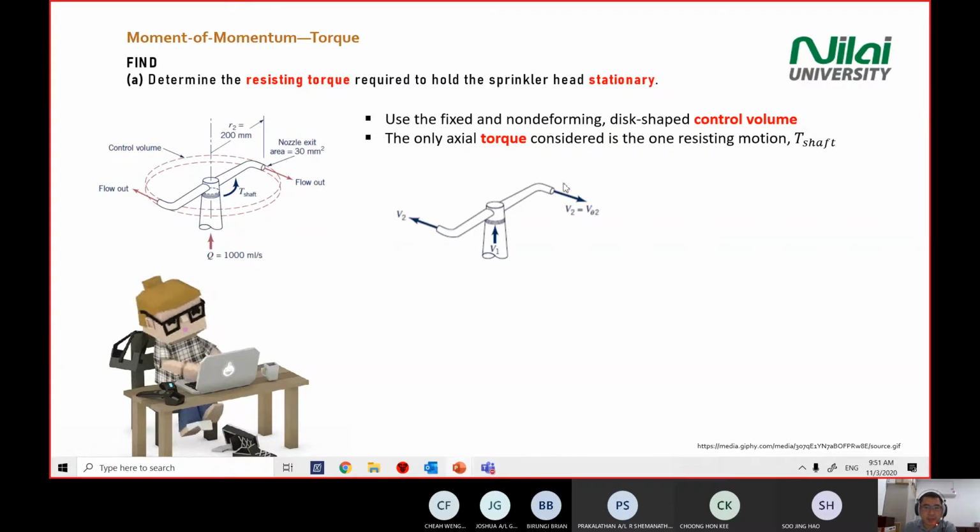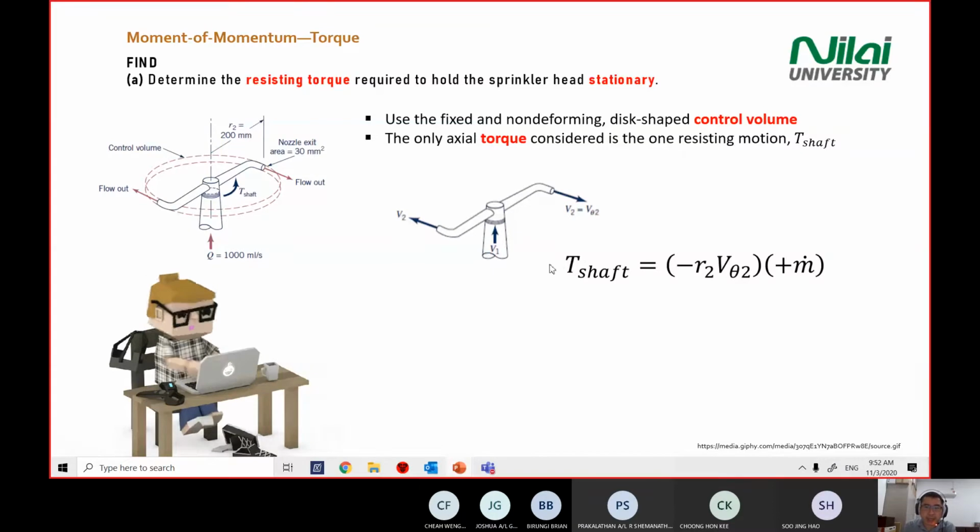Section 2 and section 3 are the same, so V2 equals V theta 2. V2 at section 3 is also the same. This is V3, and V3 equals V2. It's the same because the area is the same and the distance is the same. The setting of the arm here is the same, so you have the same velocity. So add these 3 components in the diagram. First, you add the absolute velocity components, 1 and 2 here.